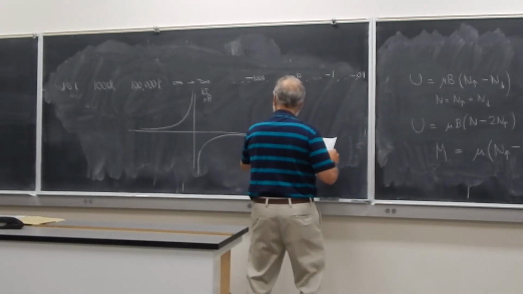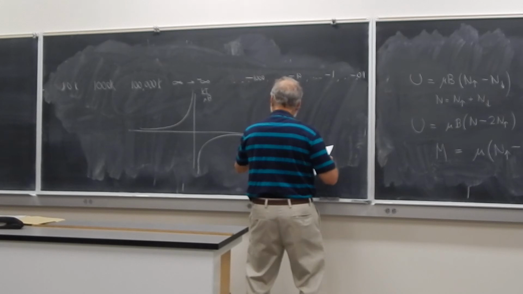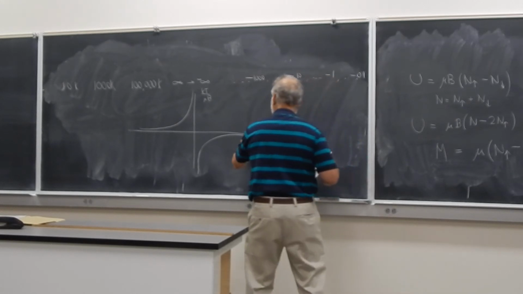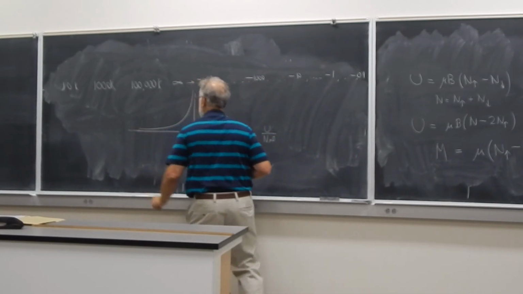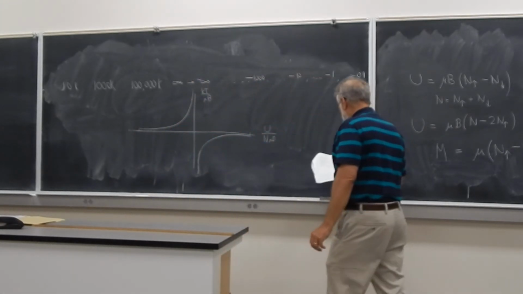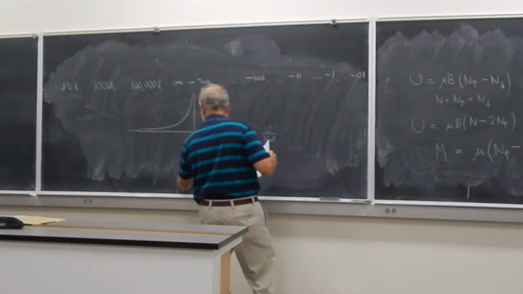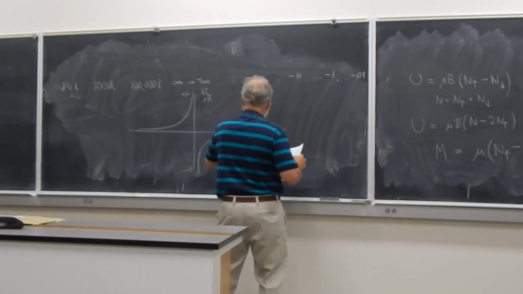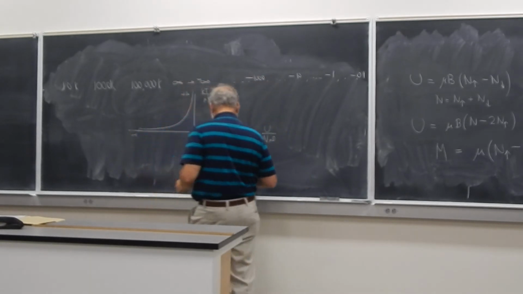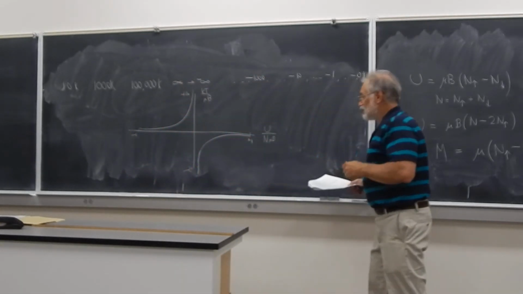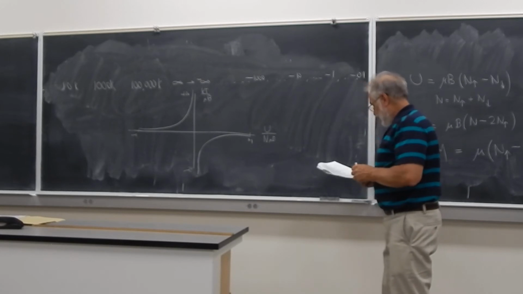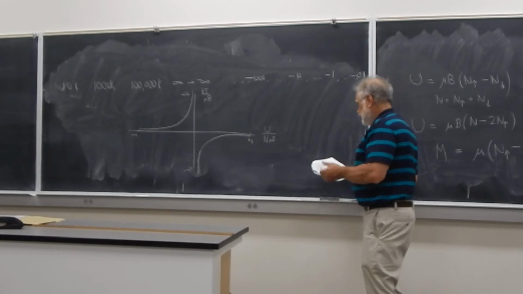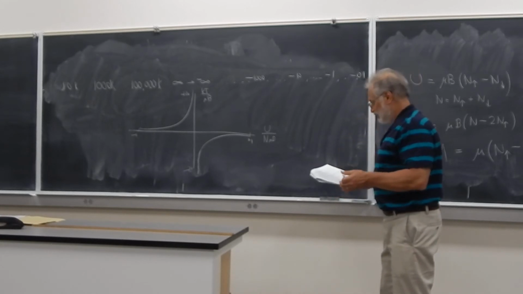And this is energy divided by N times mu times B. And of course, we're approaching 1, like so. So this is minus 20, let's say, and this is plus 20, and this is plus 1, and this is minus 1. So you can only get negative temperatures if the energy of the system is limited and the multiplicity decreases as the maximum energy is approached.